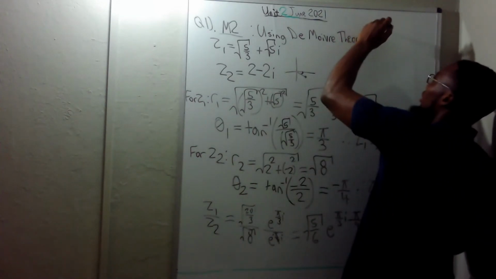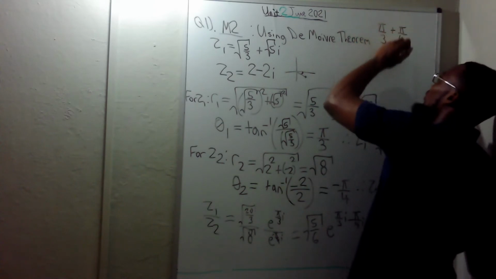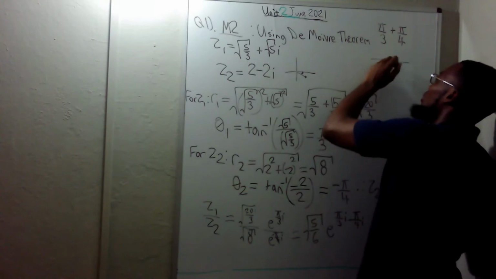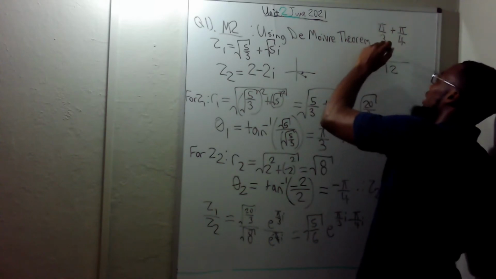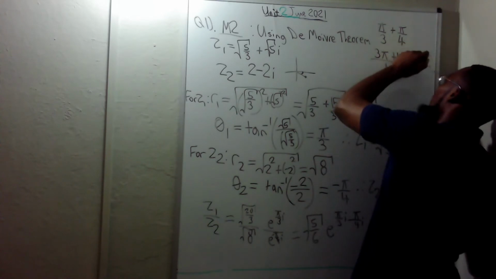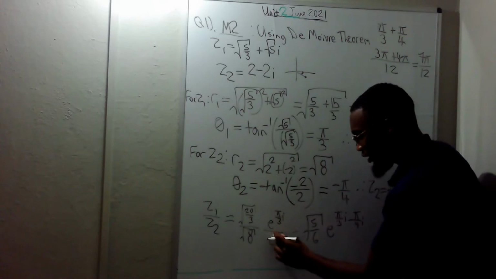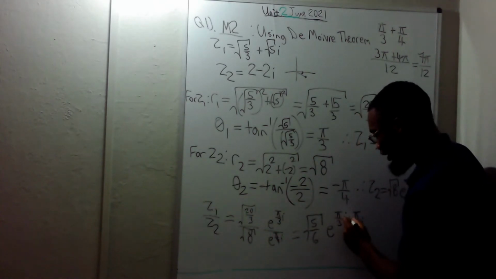Pi over 3 plus pi over 4. LCM is 12. 3 pi plus 4 pi, that's 7 pi over 12. I forgot to put the minus here. Take off the minus. This is a plus here.